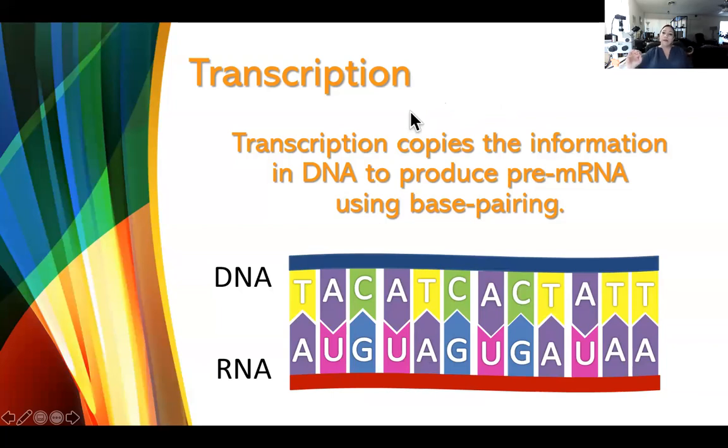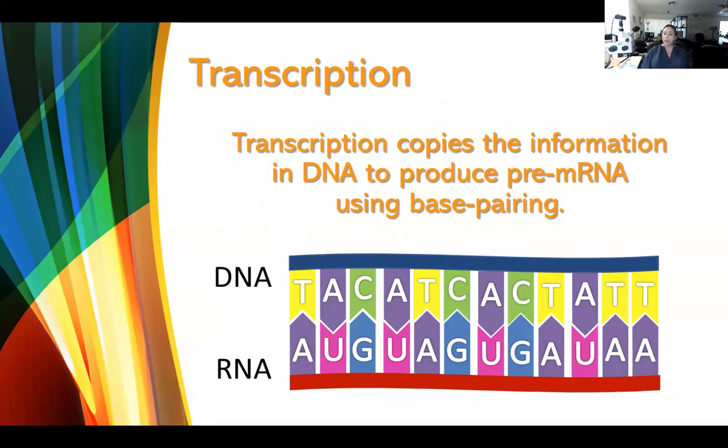So the process of transcription means to use DNA as a template to make RNA. Okay, so what I wrote on the slide here is transcription copies the information in DNA to produce what we call pre-messenger RNA using base pairing.